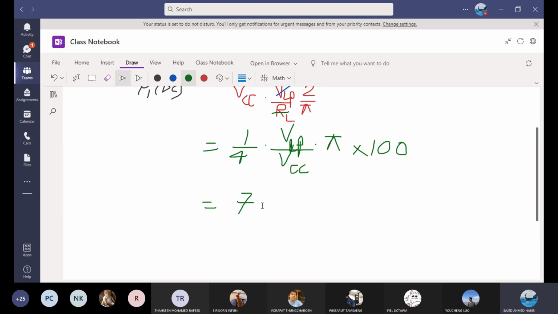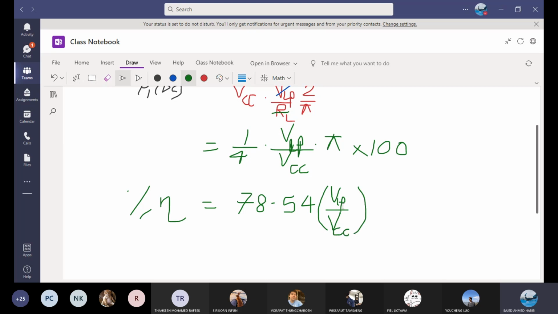From my calculator, the numeric value is 78.54. This is percent efficiency. This is already converted into percent. 78.54 multiplied by this ratio, load voltage peak divided by VCC.